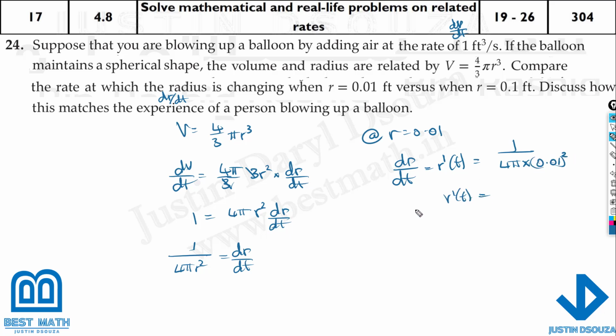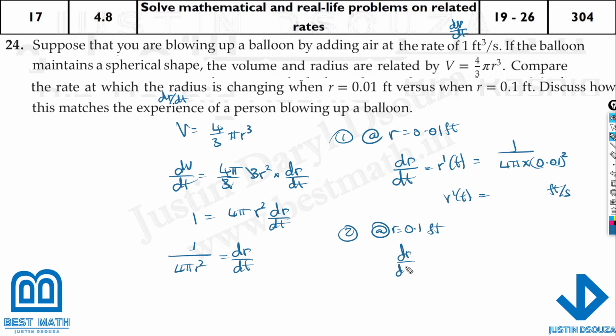You can directly find it over here. And the second case, r equals 0.1. It's in terms of feet, so it'll be feet per second here. Whatever the answer is there, it'll be feet per second. Remember the units are important and it's a written exam, so please make sure you write the units.